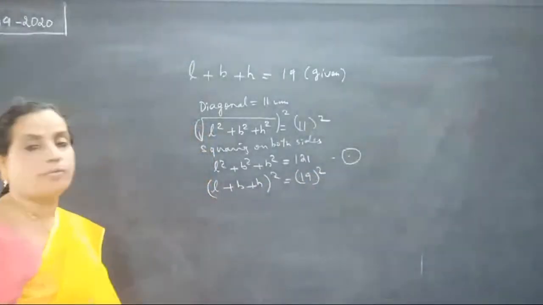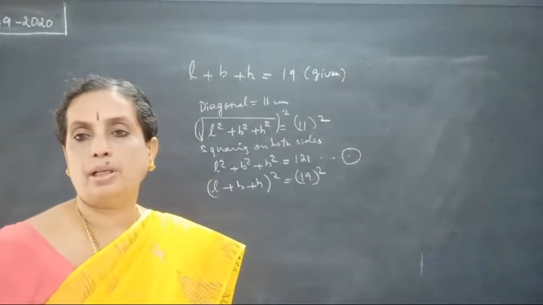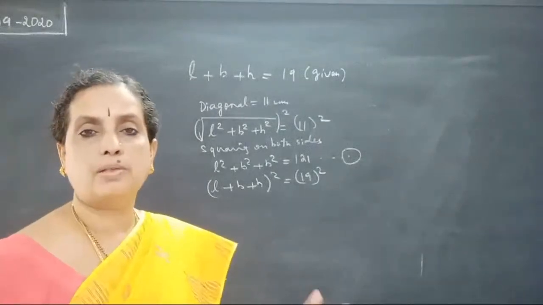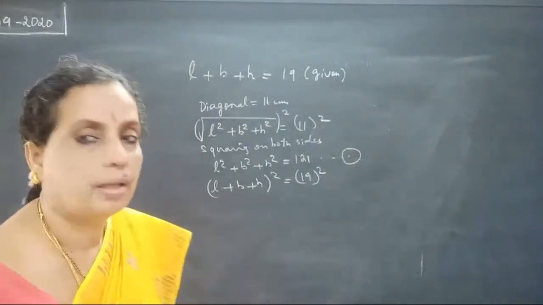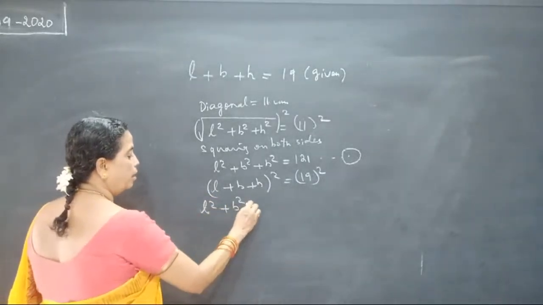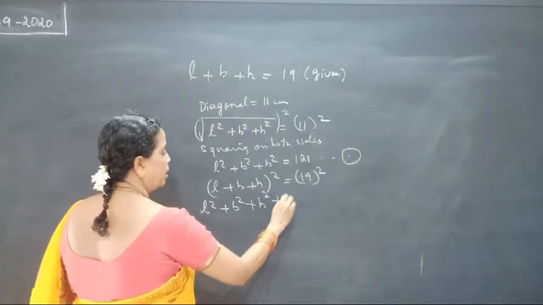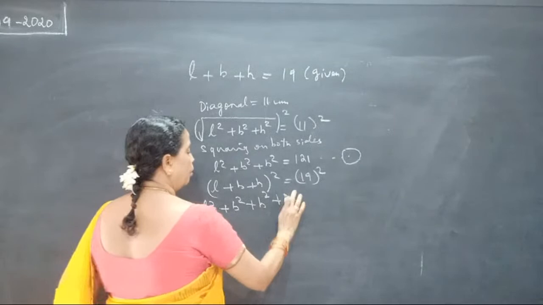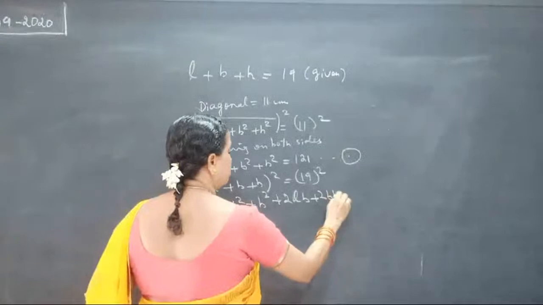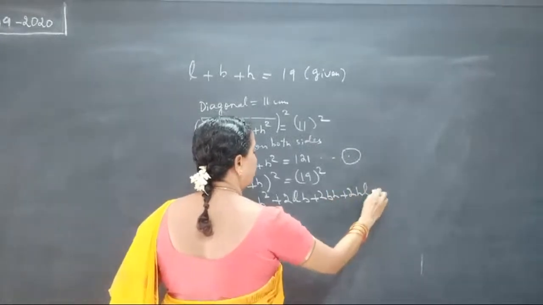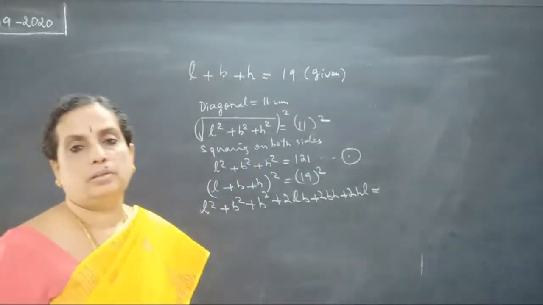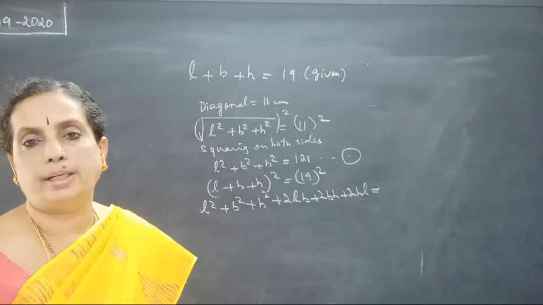And this is satisfying identity 5 in the chapter polynomial, a plus b plus c or x plus y plus z whole square as L square plus B square plus H square plus 2LB plus 2BH plus 2HL equals, what is 19 square? What is 19 square product?